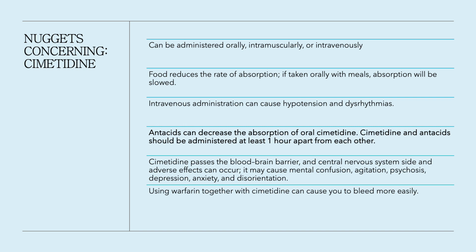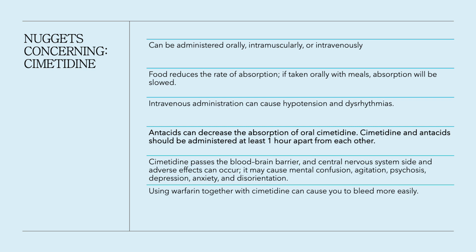All right. So some drug interactions that can happen with cimetidine is antacids. So antacids decrease the absorption of the cimetidine. So you want to make sure that they are administered at least 1 hour apart. And I'm going to skip that one, and then I'm going to the next drug, which is warfarin.